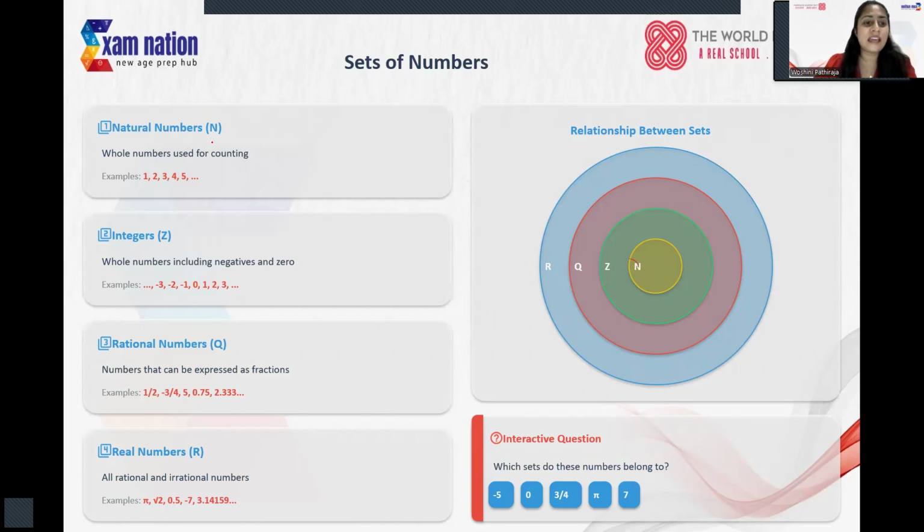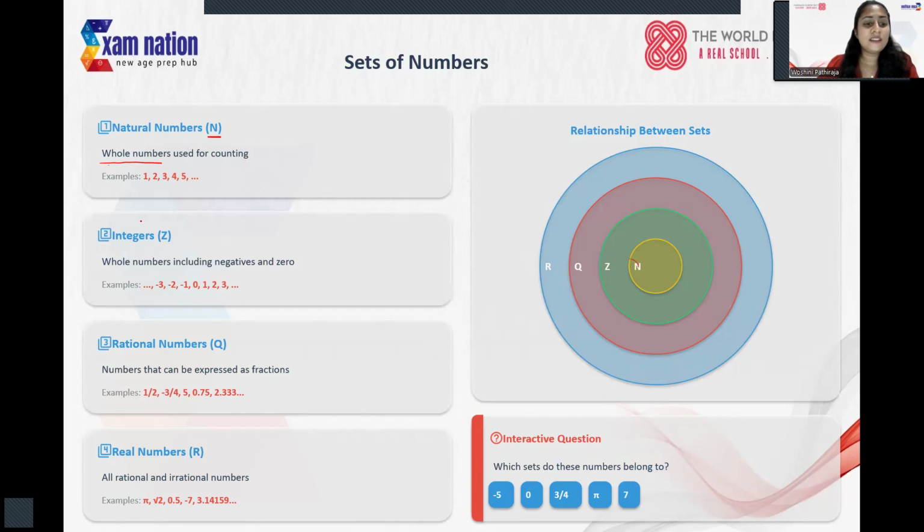In other words, natural numbers are the counting numbers or whole numbers: 1, 2, 3, 4, 5, 6, up to any number you can count. The symbol we use for natural numbers is capital N. It is the smallest set in the sets of numbers.